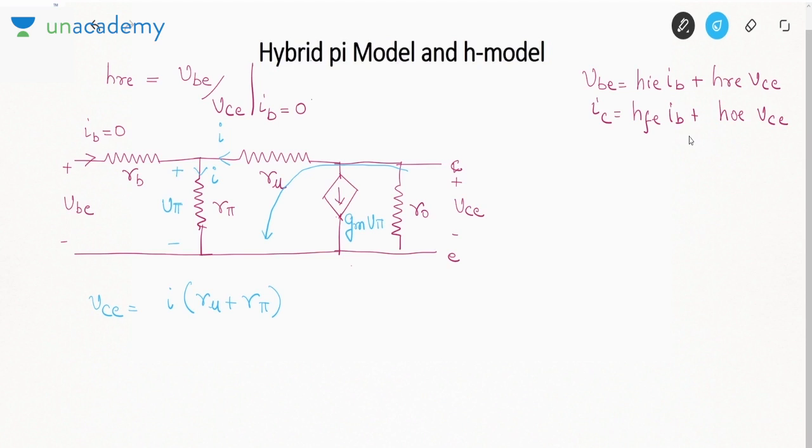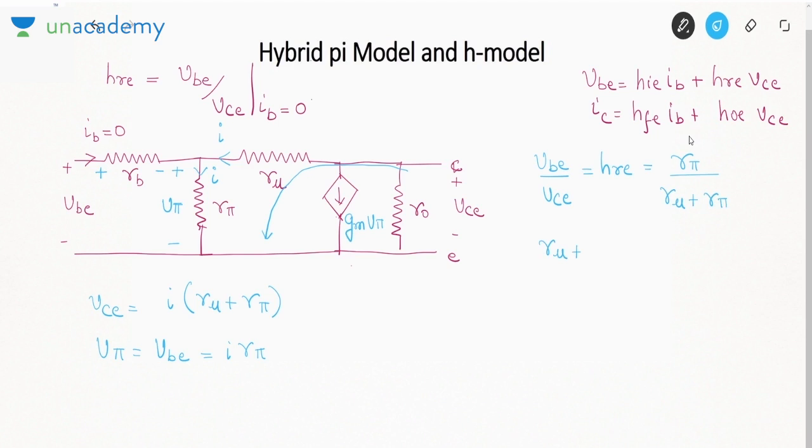Okay. So basically V pi is how much? VBE, because there is no voltage drop across RB, is equal to I R pi. So if you want to calculate VBE by VCE, that is HRE, it will be R pi over R mu plus R pi.